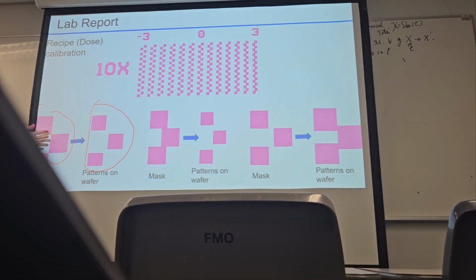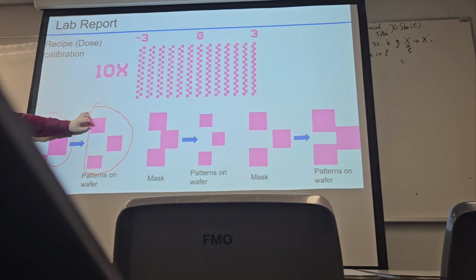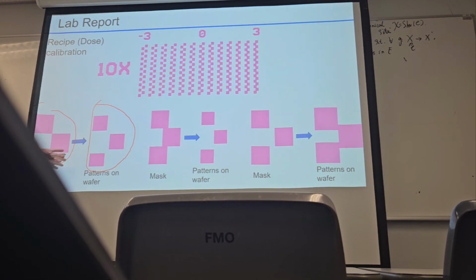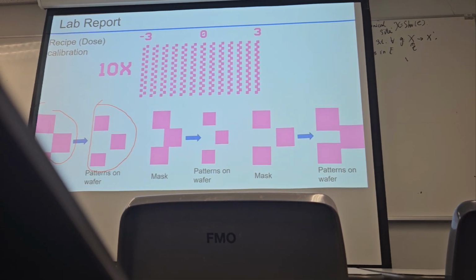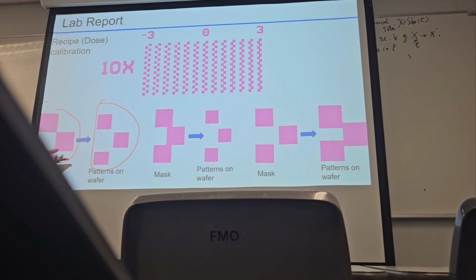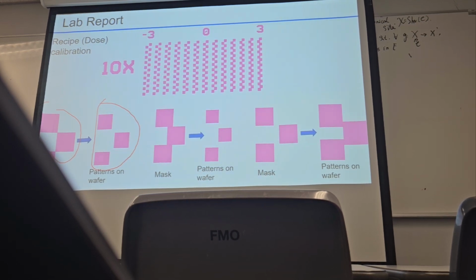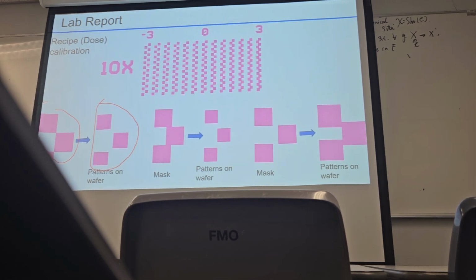Then after lithography, these are the PR patterns, right? By comparing with the pattern on the wafer, we know the DOS is large. Based on this comparison, we need to reduce the strength of the DOS. That's a way for us to optimize the DOS, right?